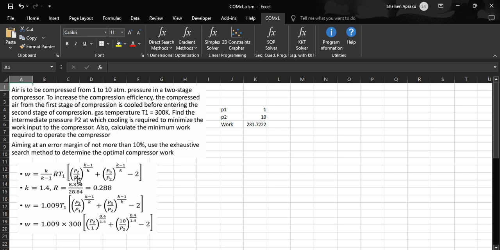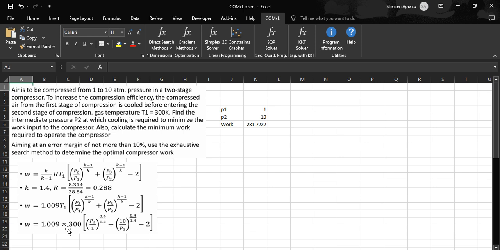So here the P2 is the intermediate pressure, the P1 is the pressure at the entry point of the first compressor, the P3 is the exit pressure of the second compressor, and the T1 is the temperature of the gas, the R is the molar gas constant, and the K is the CP ratio of air, and then for air, K of CP over CV equals 1.4.